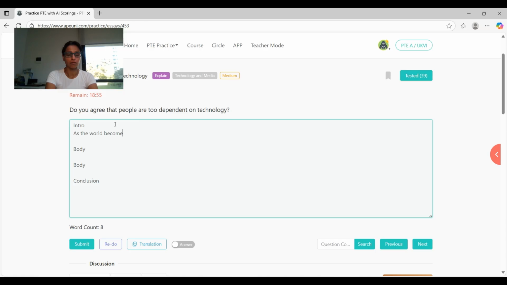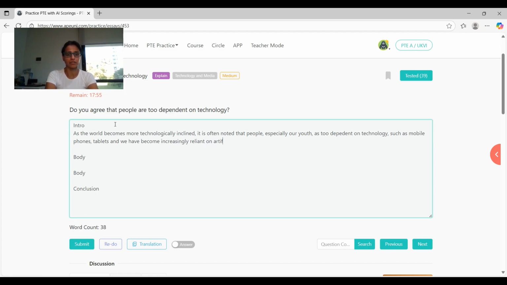As the world becomes more technologically inclined, it is often noted that people, especially our youth, are too dependent on technology, such as mobile phones, tablets, and we have become increasingly reliant on artificial intelligence, brackets AI, because I want to use it later.